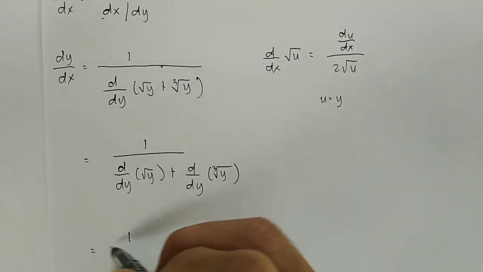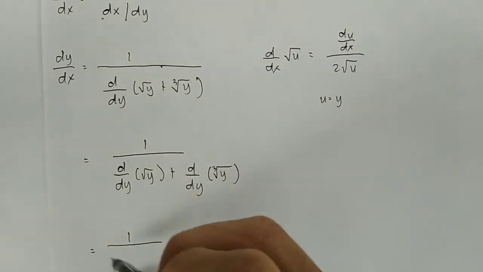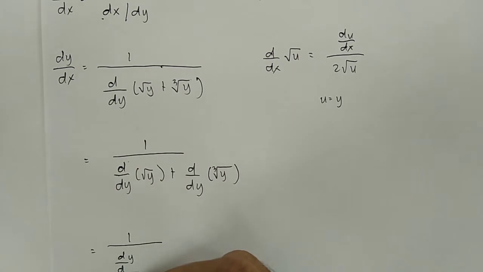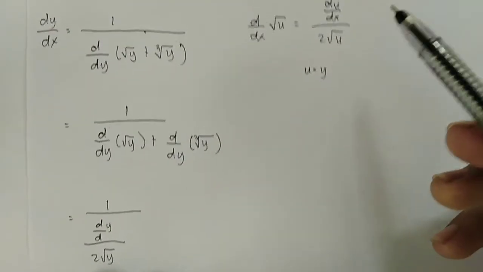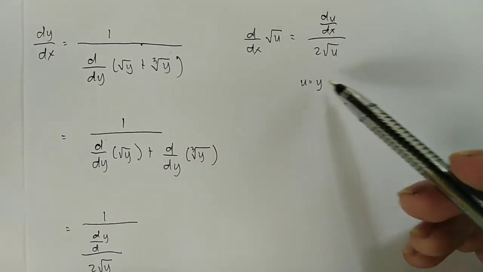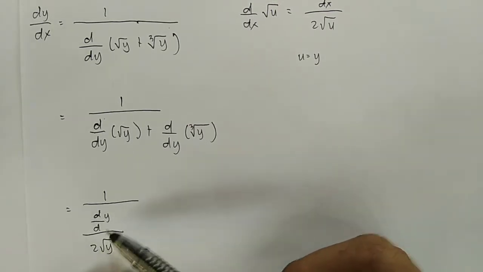So, magiging 1 over derivative of square root of y. Follow this format. Magiging derivative of y all over 2 square root of y. Yan lang. Sinunod lang natin yung format na du over dx. Since yung u natin equal to y, magiging 2 square root of y, then dy over dx.